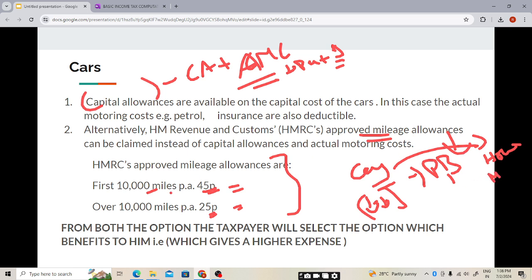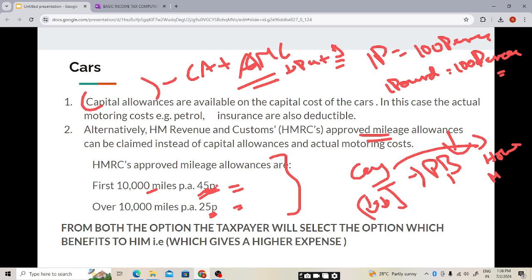If the car traveled the first 10,000 miles, it is 45 pence. Take an example: 1 pound is equal to 100 pence. Keep this in mind, the p is not pound, the p is pence.